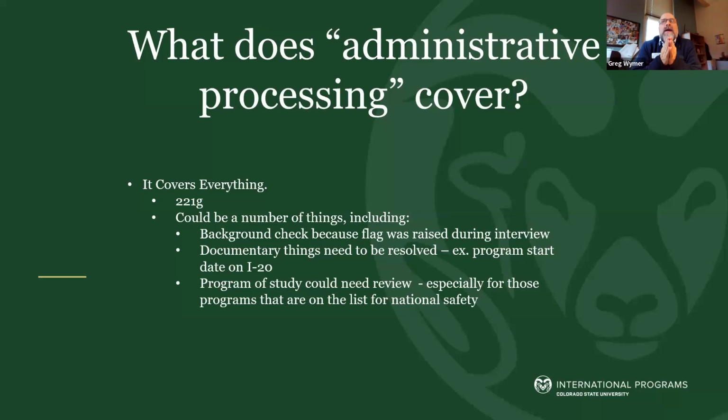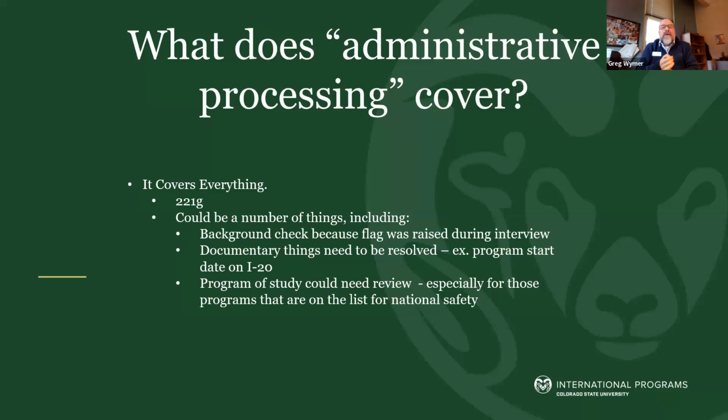But sometimes they actually give you a form that's 221G, and the term for it is administrative processing. And so this is not necessarily a denial. It just means that there's something that they need to check on, or something's not quite right with your paperwork. So it could be a number of things, including maybe they need to do a background check because of a flag that was raised during the interview.